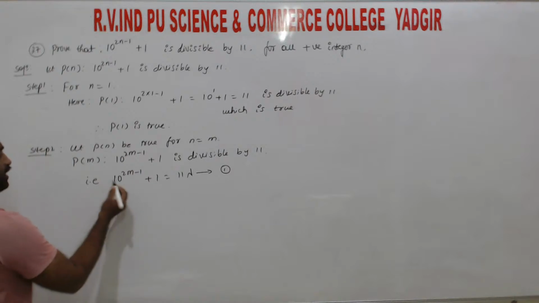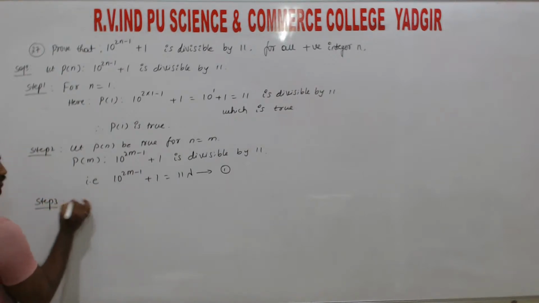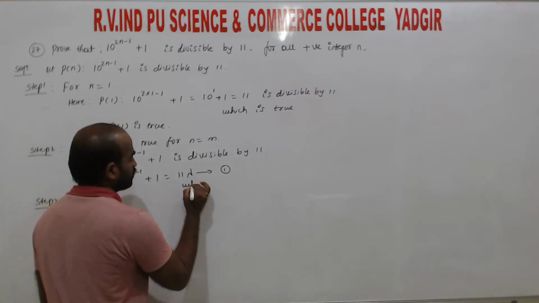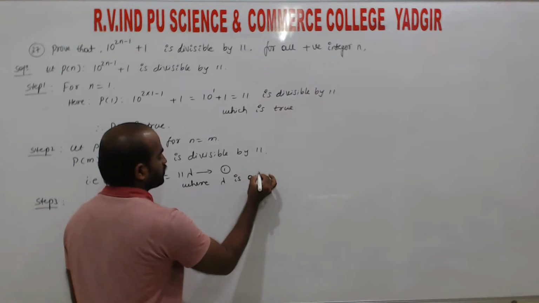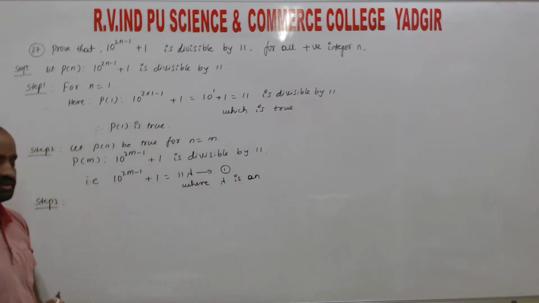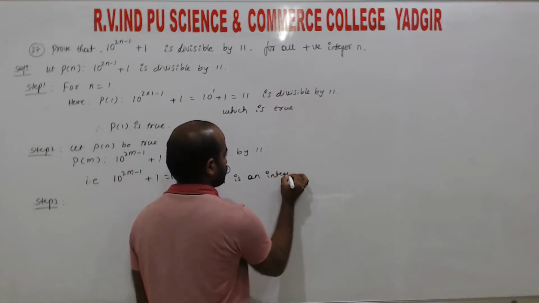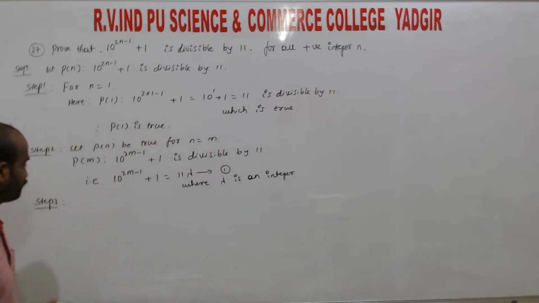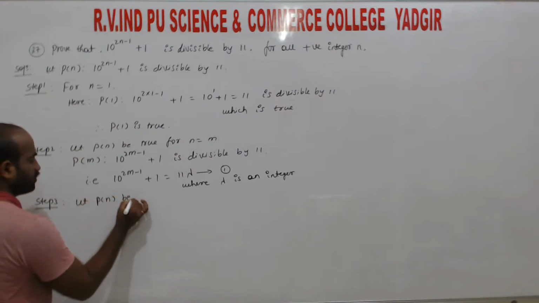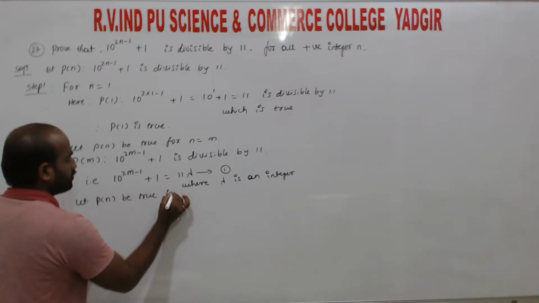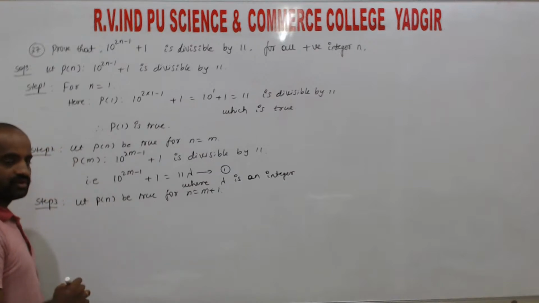Next, step 3: where lambda is an integer. Let P of n be true for n equal to m plus 1.